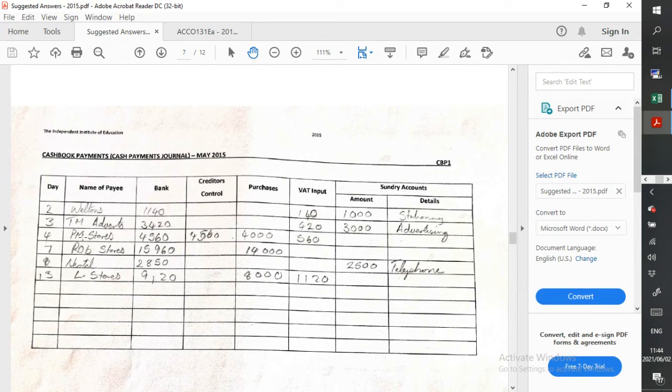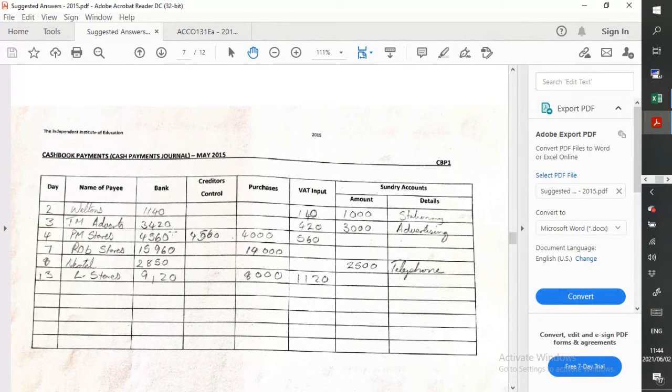Next transaction happened on the 3rd, and there we were doing some advertising. We did it with TM adverts. That's the total that went off our bank account. Remember, as a customer, we're paying the VAT inclusive amount, not the VAT exclusive. So here they were testing to see, do you know your story as to the bank column must be inclusive of VAT, and not exclusive.